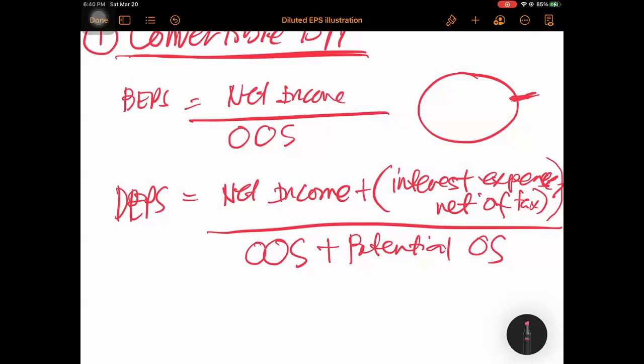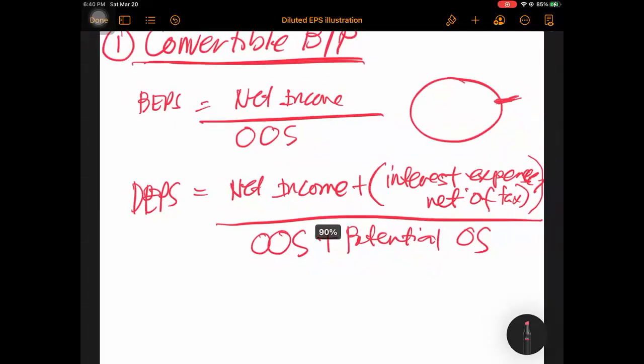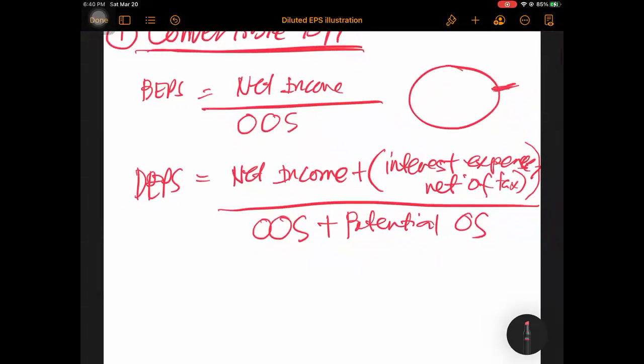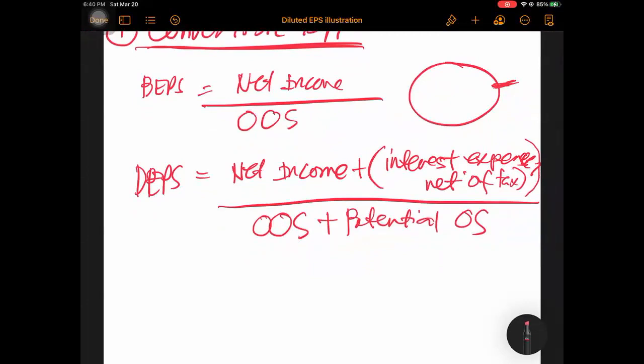Okay, how about the others? It is converted into ordinary shares?